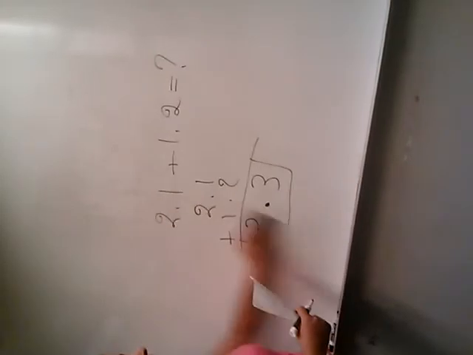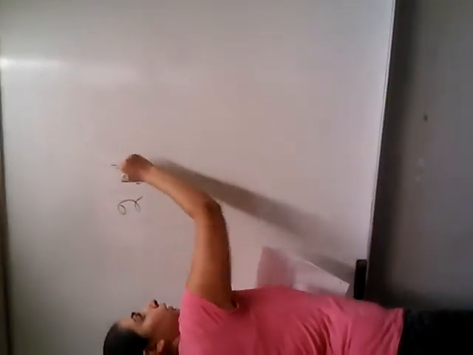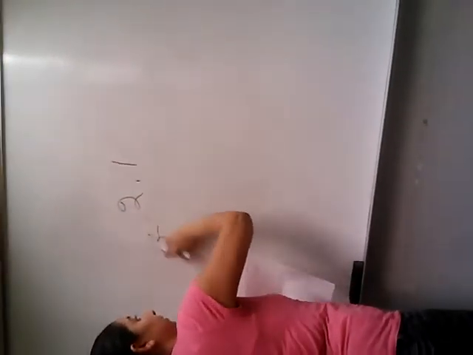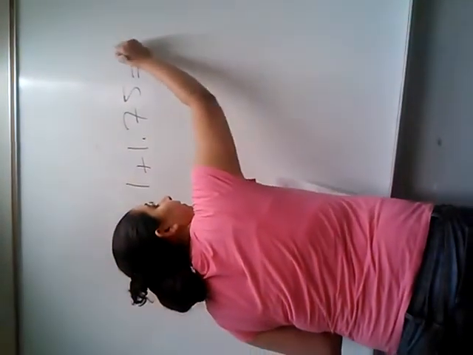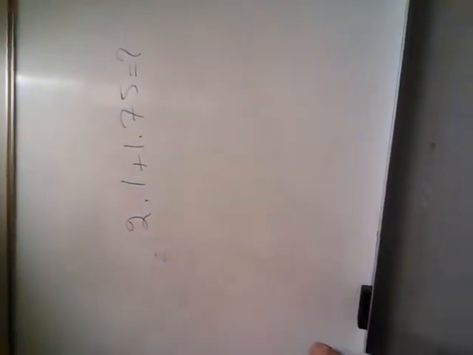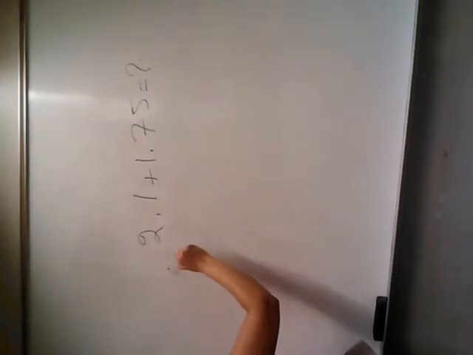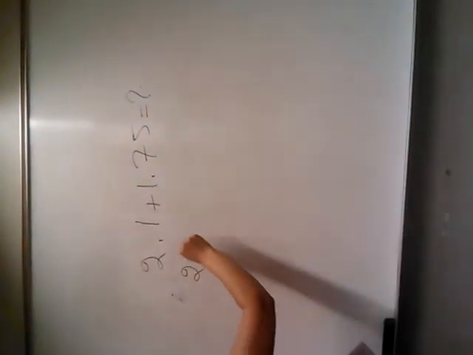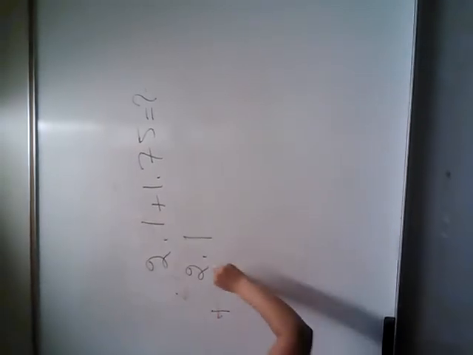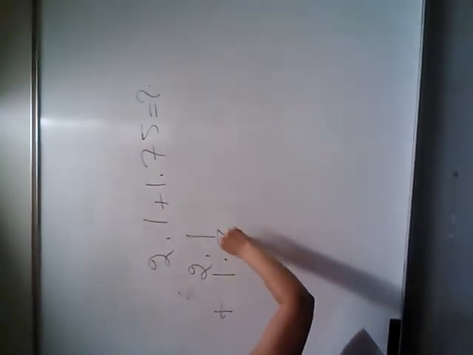So now we're going to do the last example, or the last practice. 2.1 plus 1.75. So how can we write it? 2.1 plus 1.75.